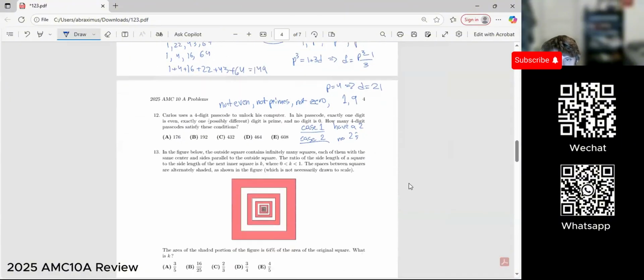If we have a 2, that is also the prime number, right? So if we have a 2, then we have 4 spots the 2 can go in. And then for each of the 3 other digits, we have 2 options. It's 1 or 9, 1 or 9, 1 or 9. So there's 32 options for case 1.